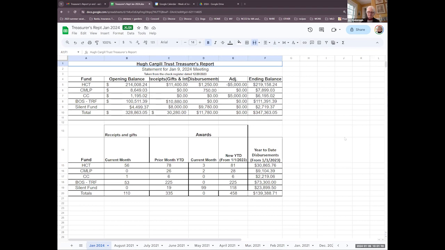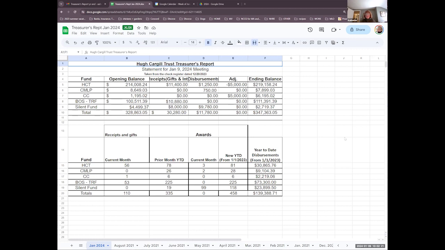Yeah, definitely. So one of the first things I will look into is who's on the board of the trustees of town donations and see if they might transfer some funds to the tax relief fund before we take it out of the Hugh Cargill Trust.